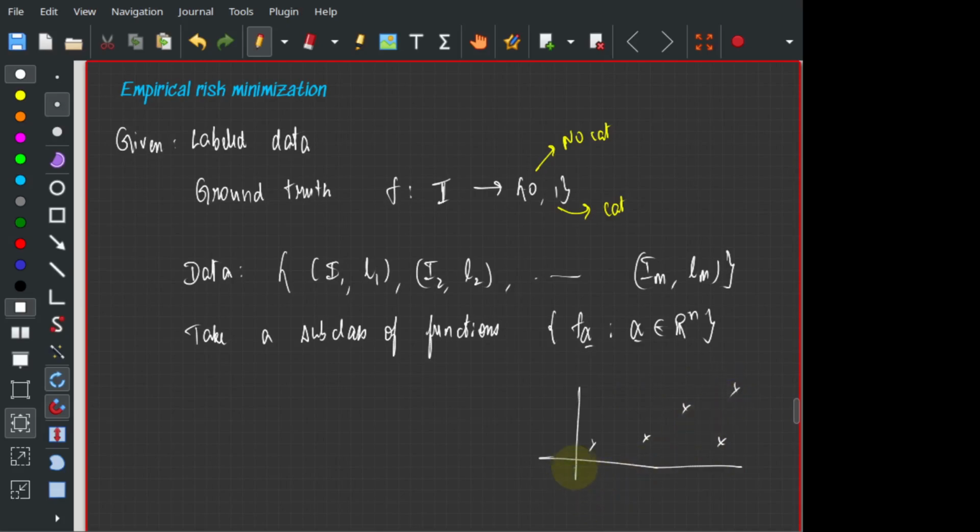And a predictor is essentially just a real valued function in this toy example. And the goal is to find out, let's say if I want to approximate it by a linear function or an affine function, then what is that function from this particular class which best approximates my data? That's the problem that we're trying to solve.